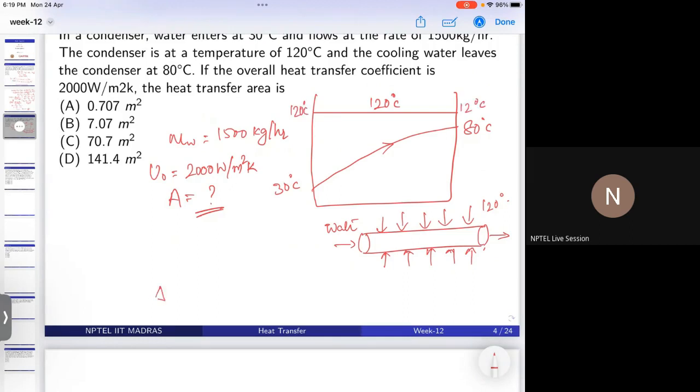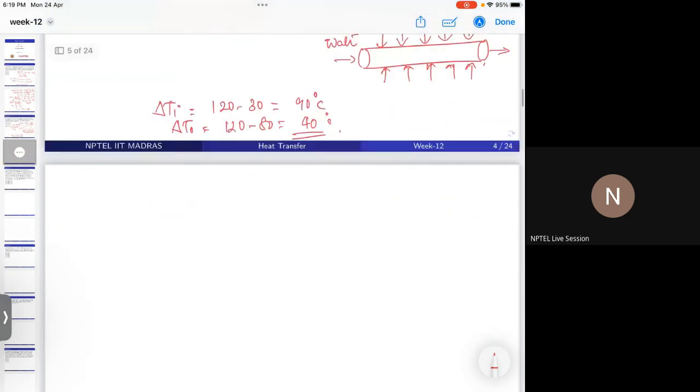LMTD. That is, delta Ti is equal to how much? 120 minus 30, which is equal to 90 degrees Celsius, and delta To is equal to 120 minus 80, which is equal to 40 degrees Celsius. So what is the LMTD?